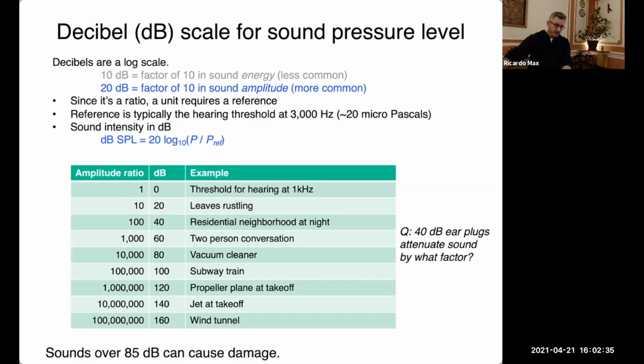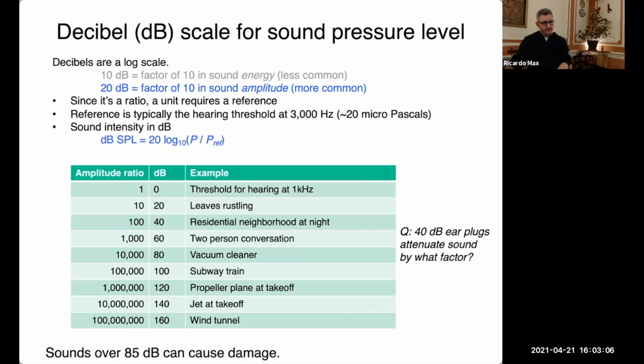Everything, when we talk about decibels, is according to this equation. Decibels, sound pressure levels, are 20 times the logarithm to the base of 10 of a given sound wave divided by the minimum threshold.